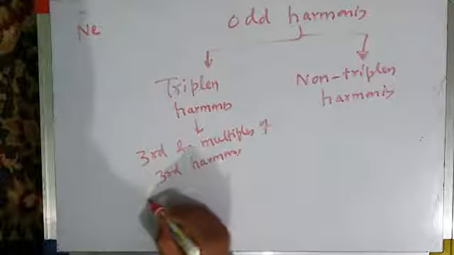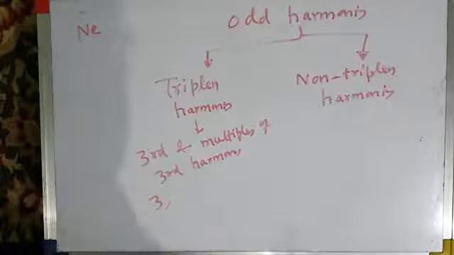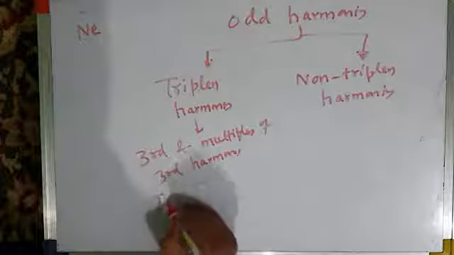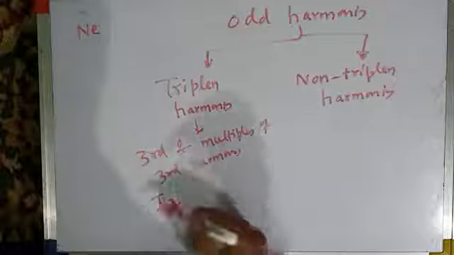Third harmonic means this, I3. What is the multiple of the third harmonic? 6. But 6 is an even harmonic.